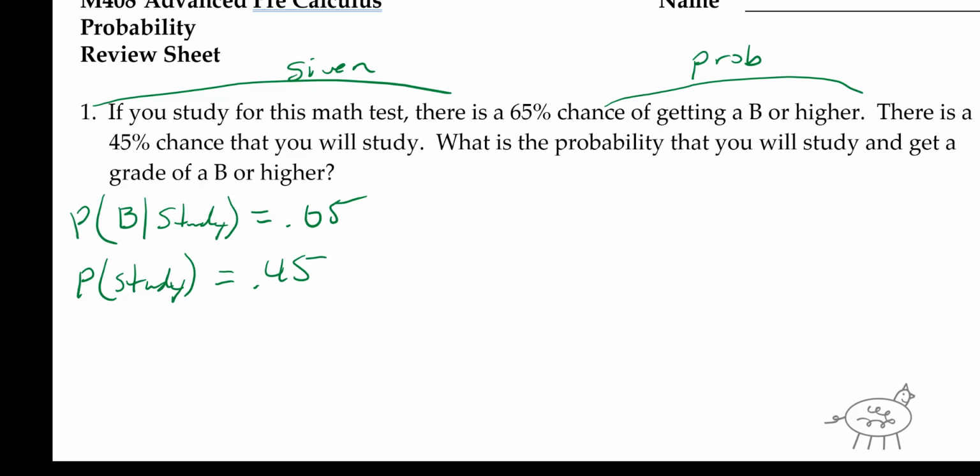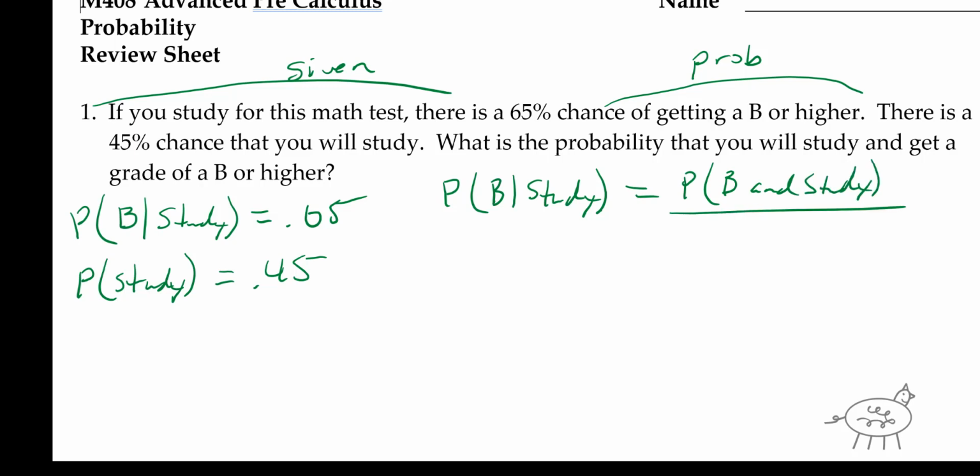If you remember our old formula, the probability of B given that you studied is equal to the probability of getting a B and studying, divided by the probability of study. The study goes down here. But we're solving for this one right here, so you just cross multiply.